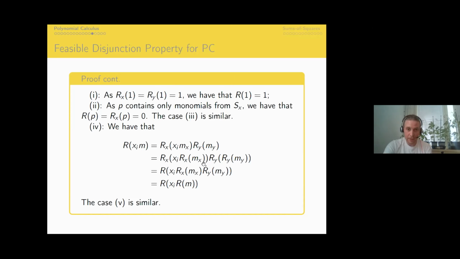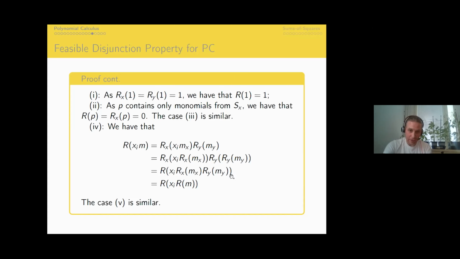On the other hand, this R of Y has idempotency, so we have R of Y of my. By linearity, we can combine these sides into R of xi, R of X of mx, and R of Y of my.